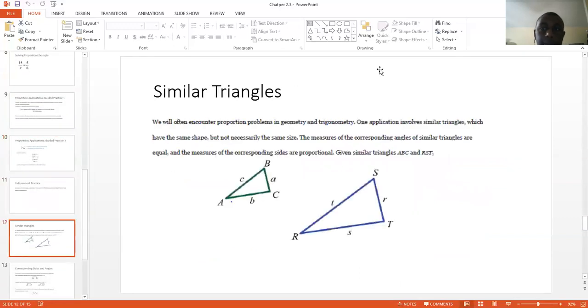Applications. Okay, similar triangles. So we have triangle ABC and triangle RST.